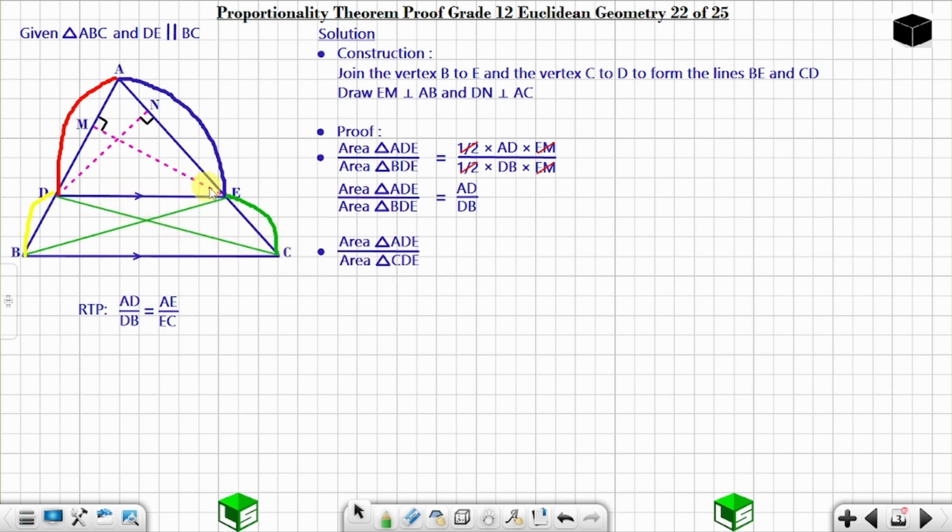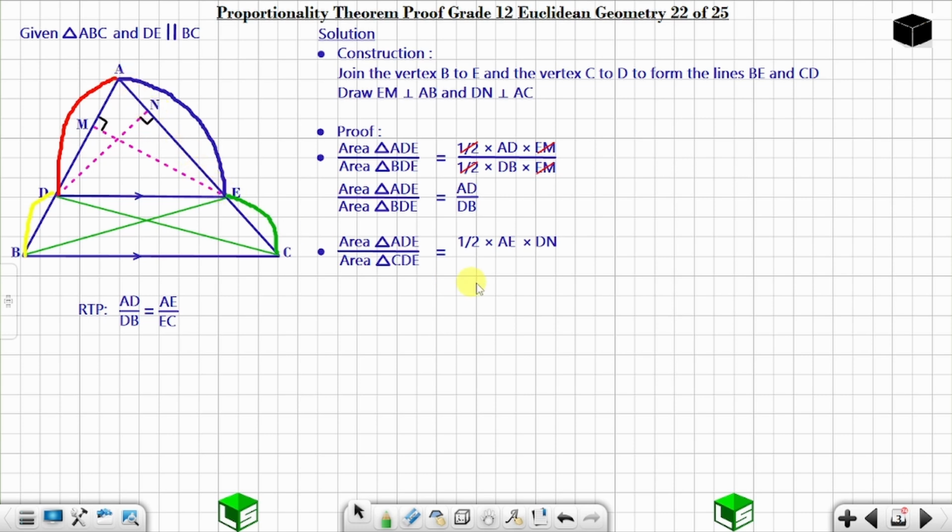This triangle is equal to a half times AE as the base, times the perpendicular height, which is DN, because DN is perpendicular to AE. So AE is the base and DN is the height.